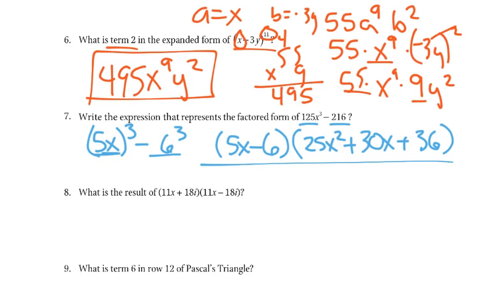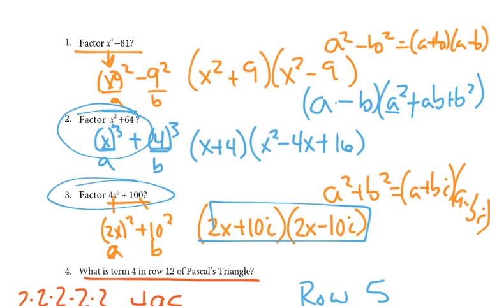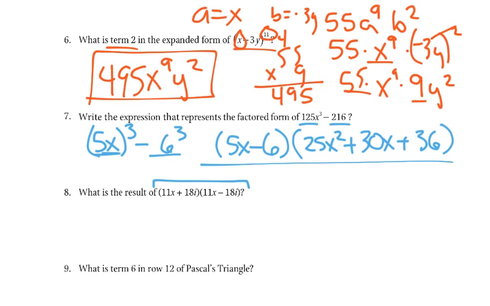Okay, now 8 has given us the one with i and wants us to go backwards. Okay, wants us to multiply, which would look a lot like 3. So we're given this version, and we need to go back. So we just find out what a is, what b is, not the i, and then go a squared plus b squared. So 11x is a, so 11x squared, plus 18 is b, not 18i, so 18 squared.